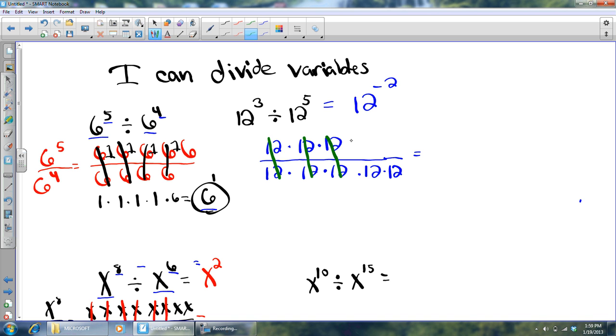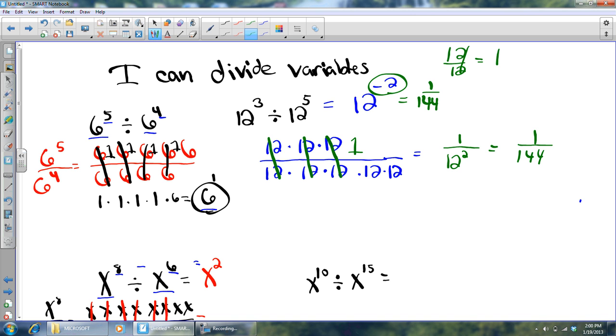My numerator will be left with a 1 because, when I divide 12 divided by 12, I get 1, not 0. So my numerator is 1. Now in the denominator, I have 12 times 12, or 12 squared. Okay, 12 squared is really gross, 144. So the best answer up here for 12 to the negative second is 1 over 144.